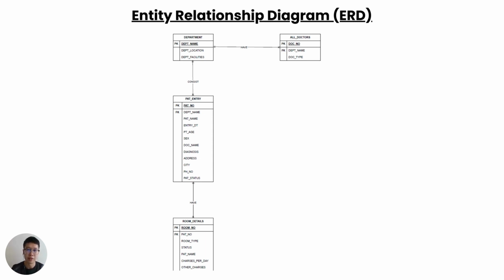Here we look at the diagram. We can see one doctor must work at one department, and one department must have at least one doctor or many doctors. And then one department consists of a lot of patients, and one patient must be at least in one department. And then at least must have one patient in one room.